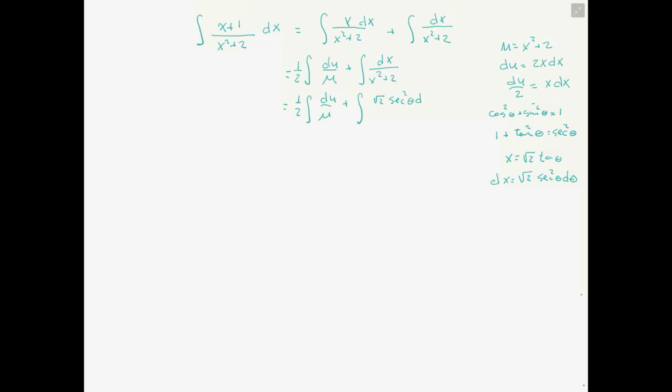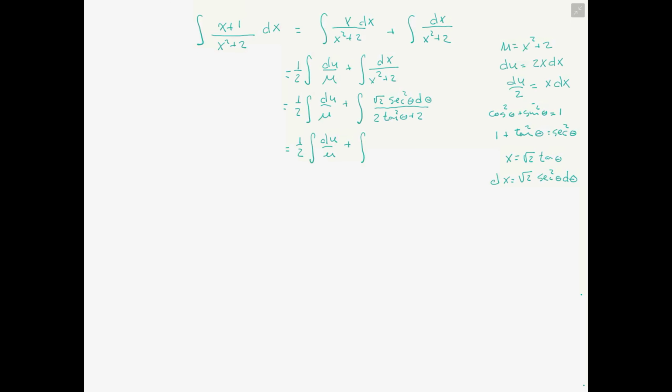So we got 1/2 du on u plus, now in the numerator we have square root of 2 secant squared theta d theta, and in the denominator we have 2 tangent squared theta plus 2.